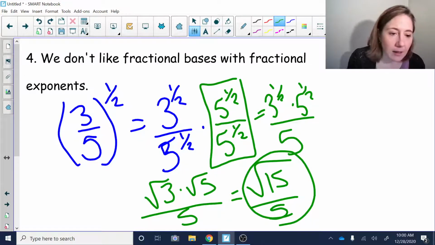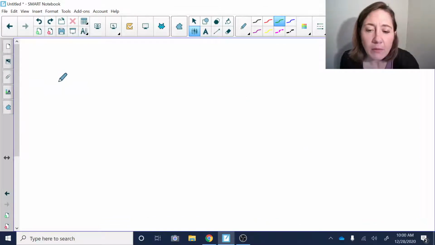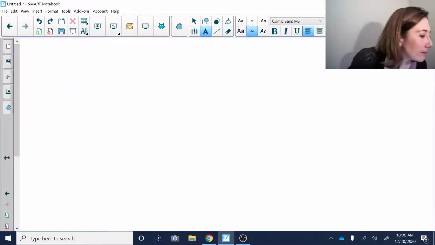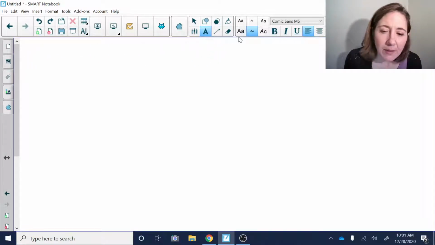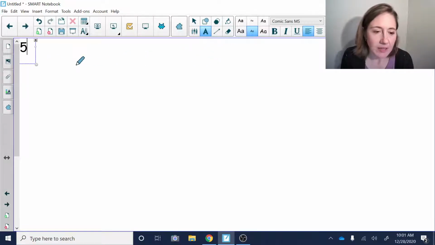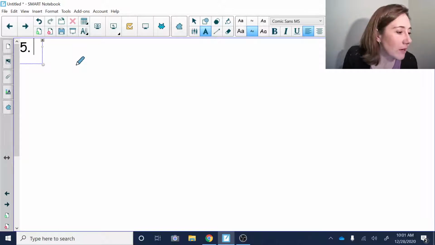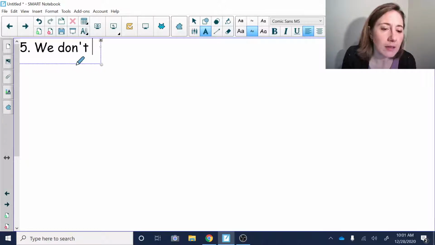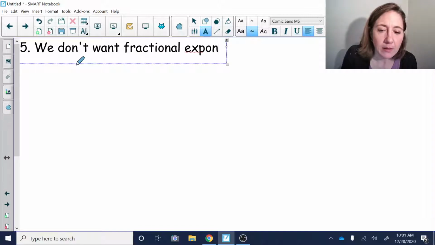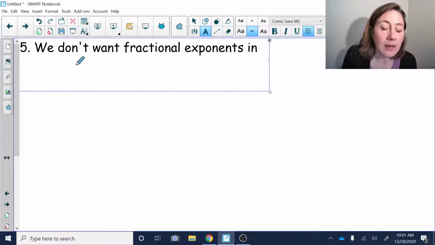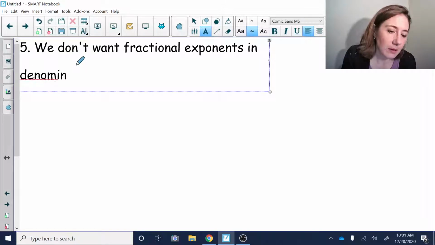And then a fifth rule, it's kind of more of a guideline, I would say. Mathematicians aren't necessarily really strict about this one, but we don't really want fractional exponents in denominators.